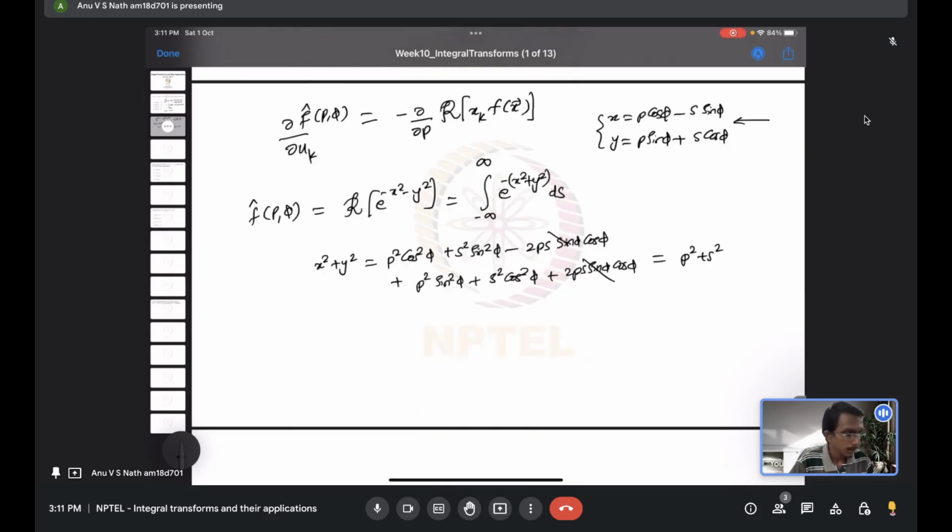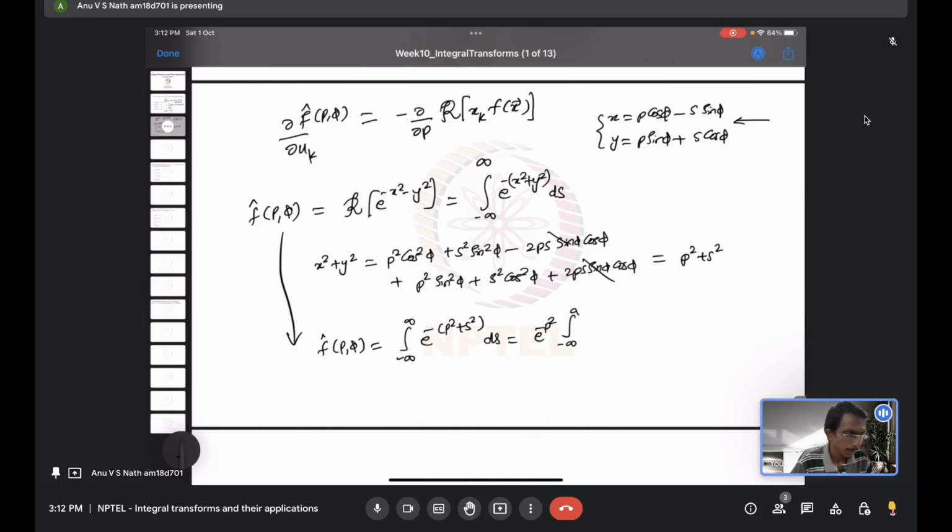That's why this integral we can represent as f tilde of p comma phi, which is just the integral from minus infinity to plus infinity of exponential of minus (p square plus s square) ds. Exponential of minus p square we can take outside because p is not an integration variable here.